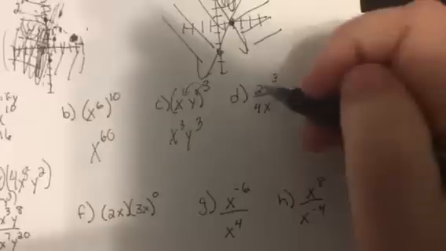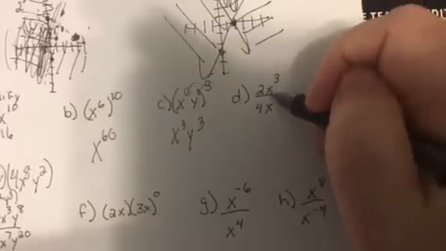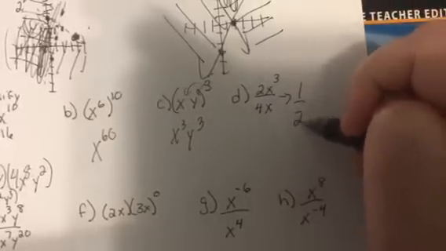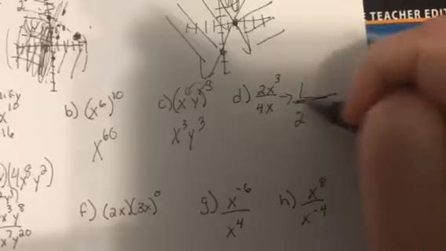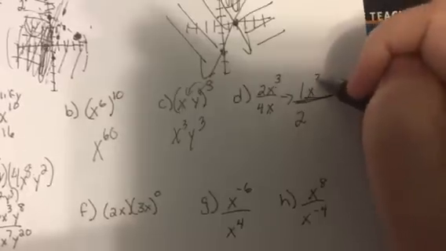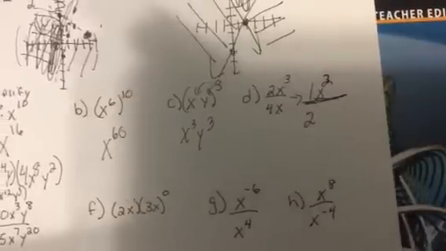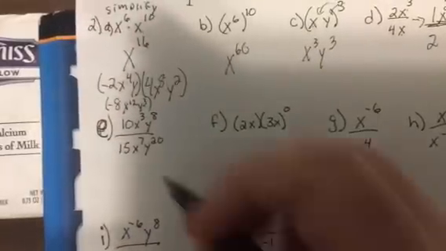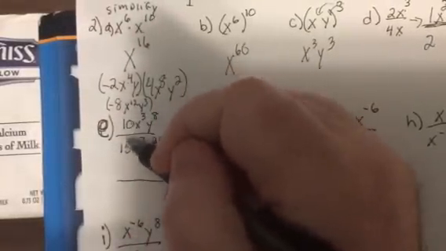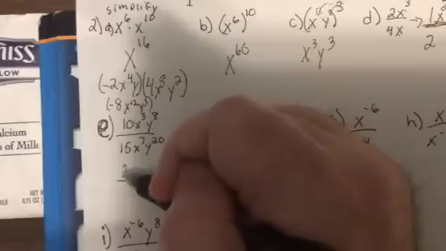Now this one, when you're dividing, you subtract the powers. Now the coefficients you just treat like a normal fraction. So this would be x cubed divided by x is x squared. Okay, this one, reduce. So 5 goes into both, so that would be 2/3.